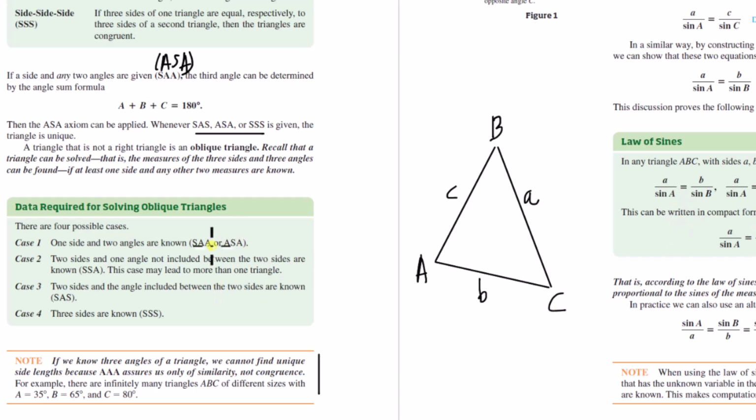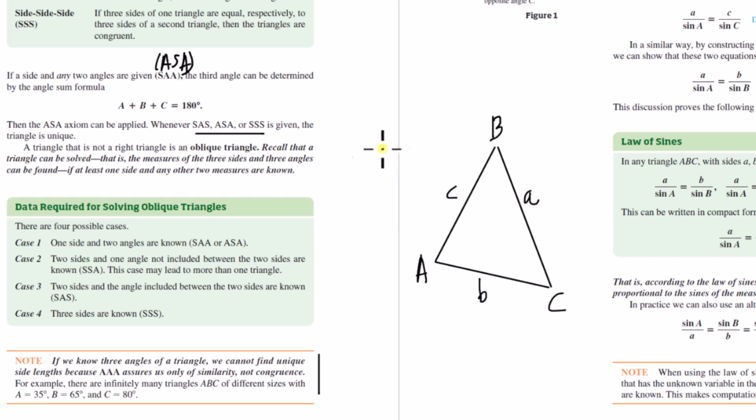But with angle side angle, let's say we had angles A, B, and side length C. That's the side length included between the two angles. Well, first of all, because we have two angles, that means we automatically have angle C. So we need to solve for either side length B or side length A to start.